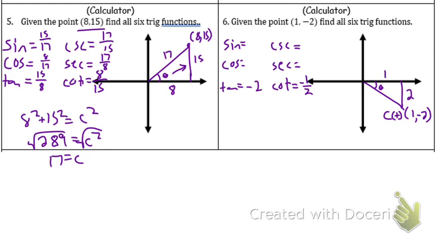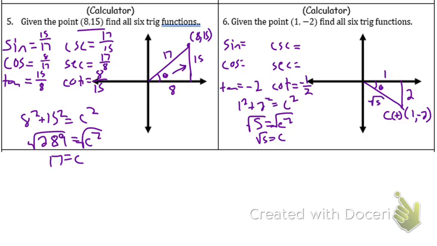For sine and cosine, and the secant and cosecant, I'm going to have to use the Pythagorean theorem. 1 squared plus 2 squared equals c squared. That would give me 5. So c squared equals 5, c equals the square root of 5. I'm going to label that here. And now I can go and label these.